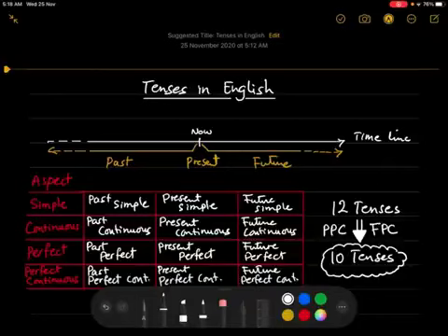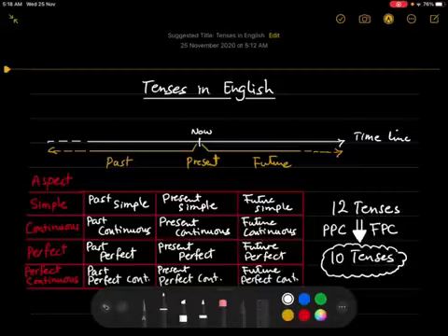So again, each English tense has two elements: time and aspect. Time refers to either past, present, or future. An aspect refers to either simple, continuous, perfect, or perfect continuous.